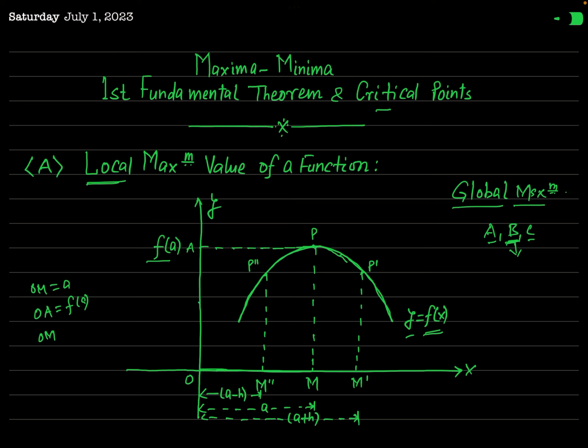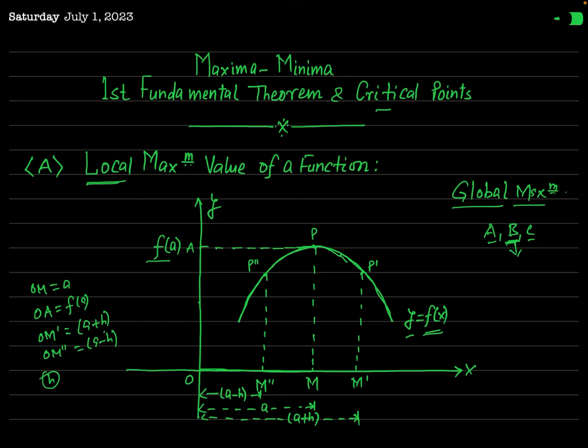This is OM prime, and I have considered this A plus H. It means the x coordinate of this point P dashed is greater than A by H, and for the other close point P double dashed, the x coordinate is OM double dashed, and this is, let us say, A minus H. Actually here this H is a very small number.